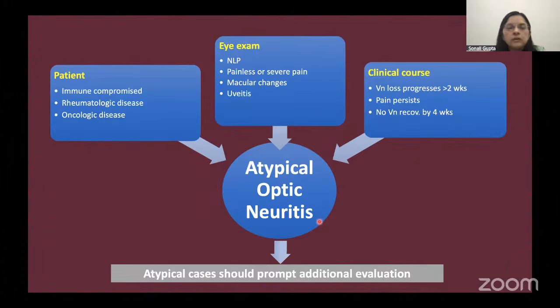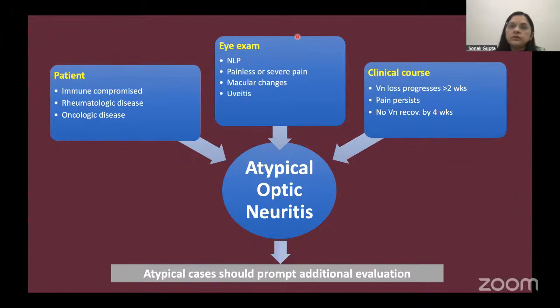So what brings us to the thought that it could be atypical, and we do need to image further and look into more causes rather than just label it a typical multiple sclerosis related optic neuropathy? If the patient has some factors suggesting immunocompromised status, or some history of rheumatological or oncological diseases, then we do need to look further rather than just labeling it typical.